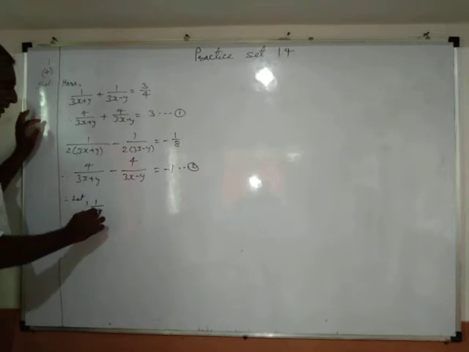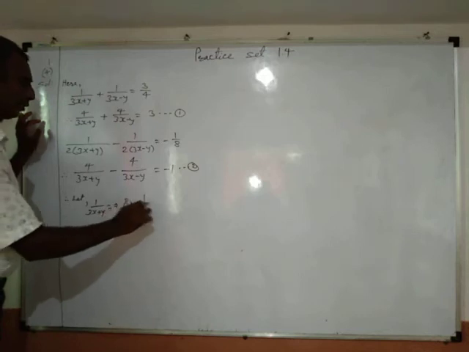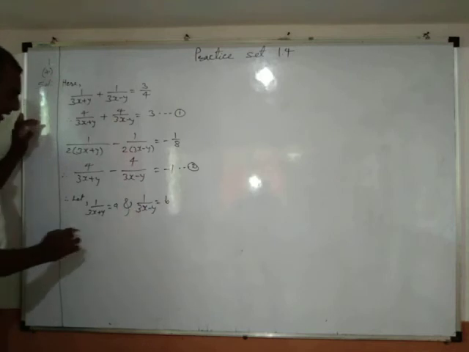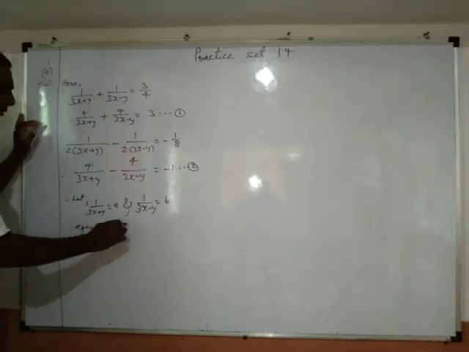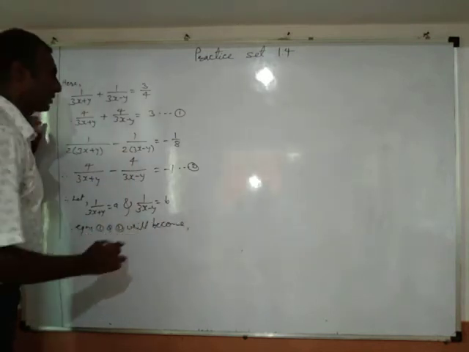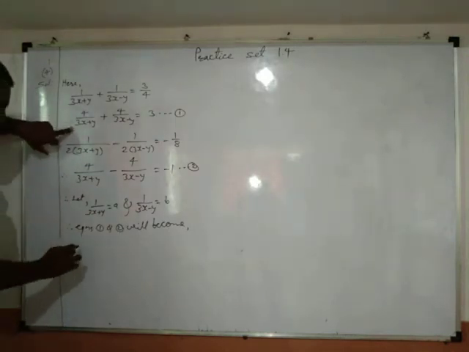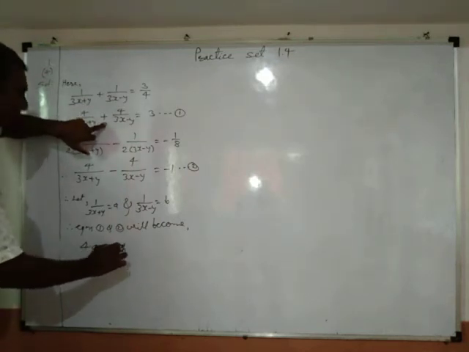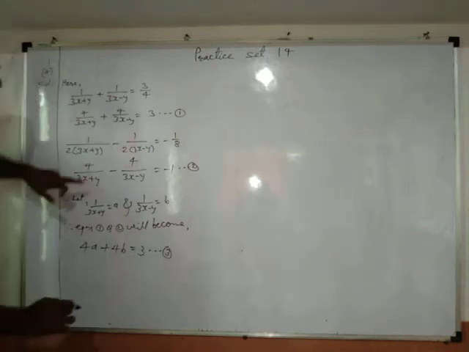Therefore, let 1 upon 3x plus y equal to a and 1 upon 3x minus y equal to b, and therefore equations 1 and 2 will become, let's see what will they become. Equation 1 will become 4a plus 4b equal to 3. Let's call it equation third.